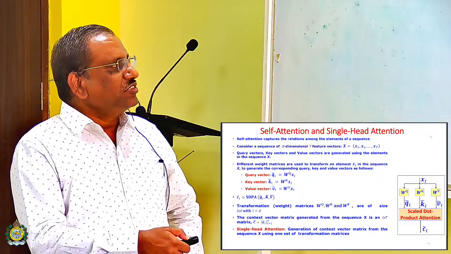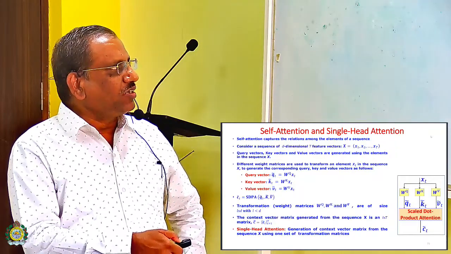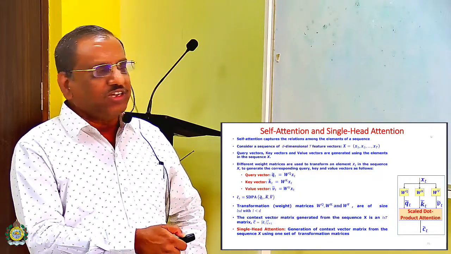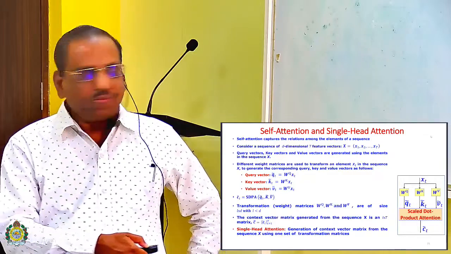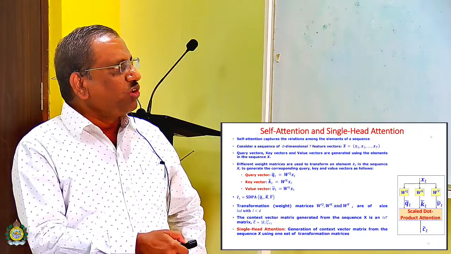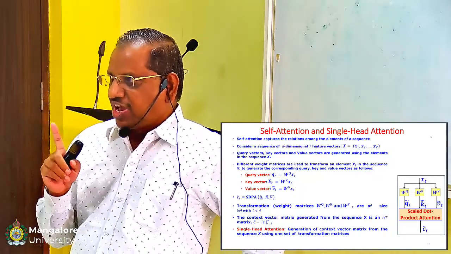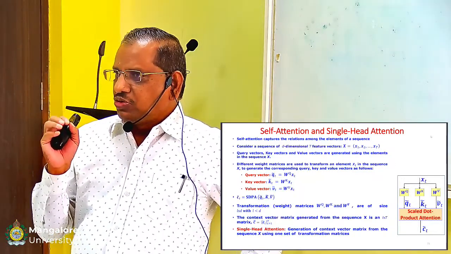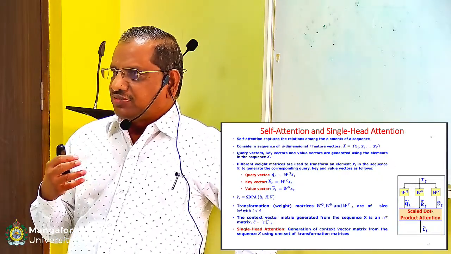On that we perform this scaled dot product attention, and that will help us to generate a new representation of this xt, first generating qt, and from qt we get this ct. Okay? And the collection of all these WQ, WK and WV is what is called a single head, because we are using all of this on the input to generate this key, value and the query vector representations, right?